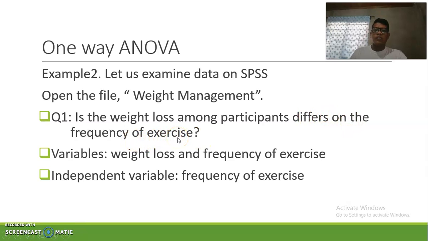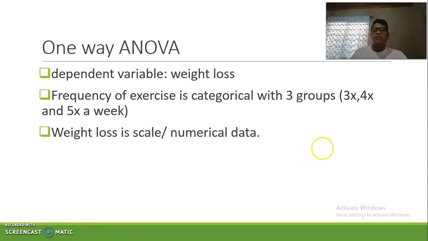We want to test if participants with different frequencies of exercise differ in their weight loss. Our independent variable is the frequency of exercise, which has three groups. This is qualitative data.